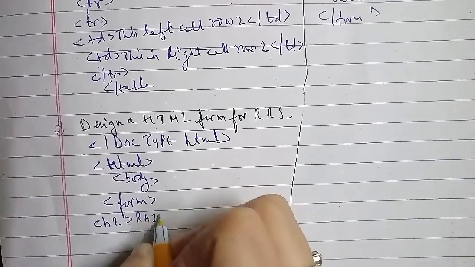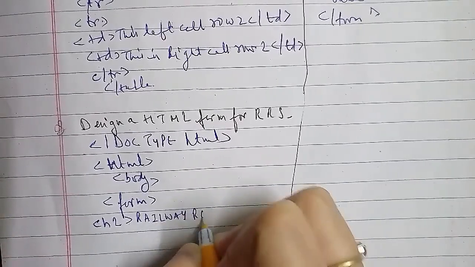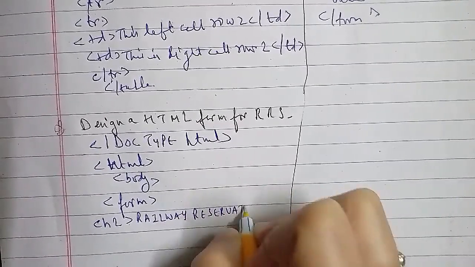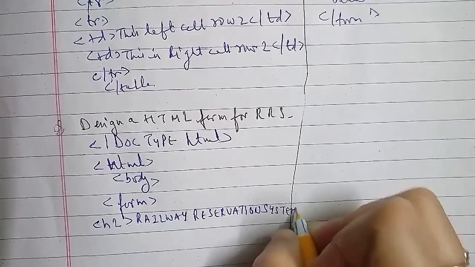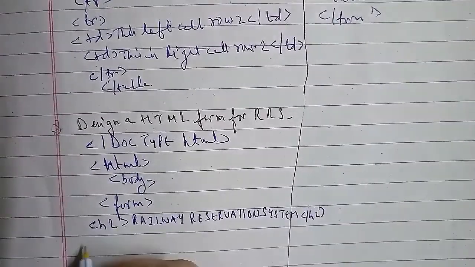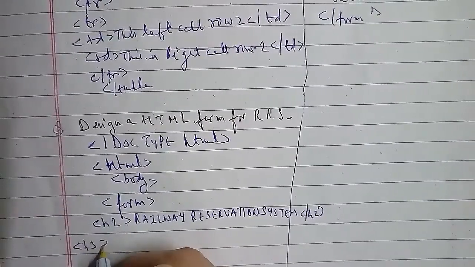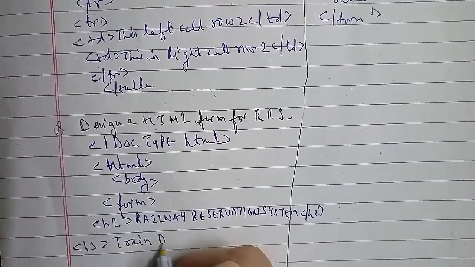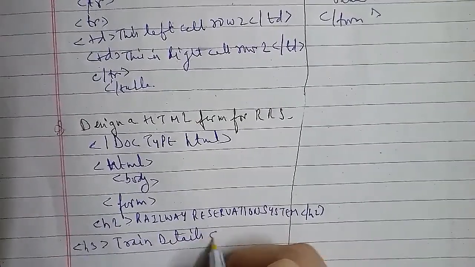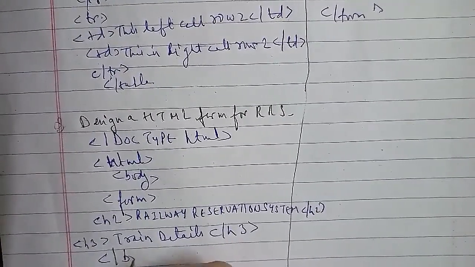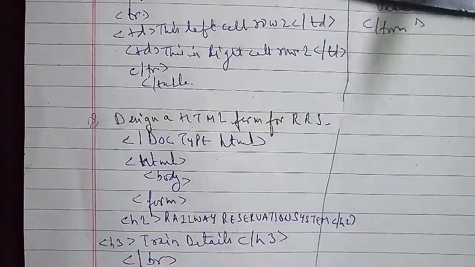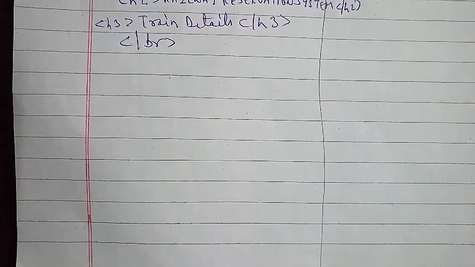Now further, with regard to it, we'll go ahead and write about the train details, and then after that the train details will go ahead, and that is the PNR number, input type equals to text, then break, and then after that starting place.